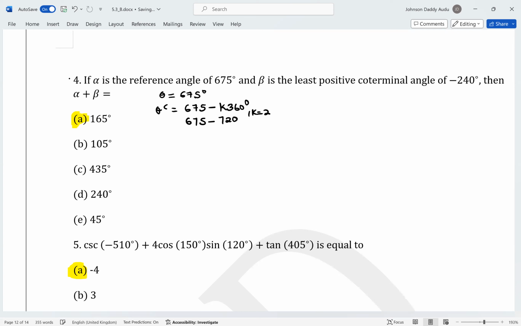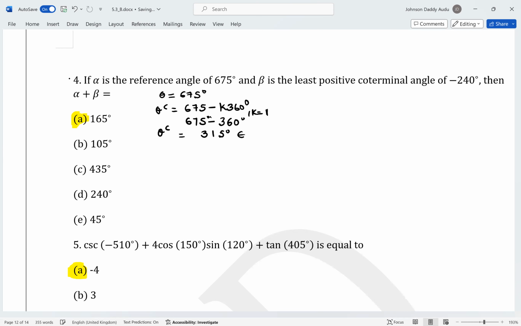So it means we can take k to be just 1. So we can subtract 360, right? Here we are using k equals 1. k equals 2 will not work because it will become negative. So here, this will give us what? I think 315 degrees, right? So this is our coterminal.